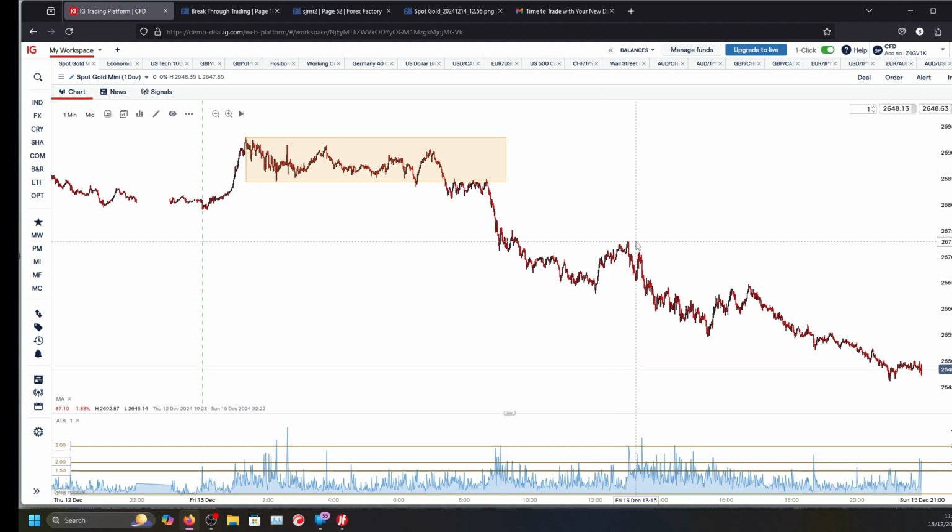Once price fails to make a new high and starts breaking through structure, would you rather go short or long? Once price is failing to make new highs and starts breaking through these lows, would you rather be looking for short trades or long trades? That's all you've got to ask yourself, really.